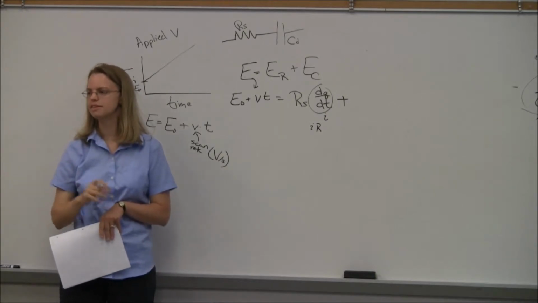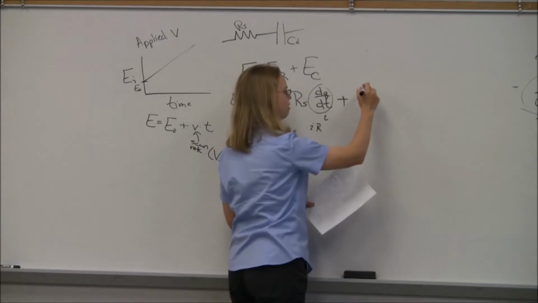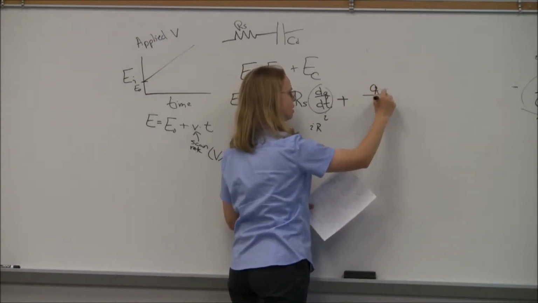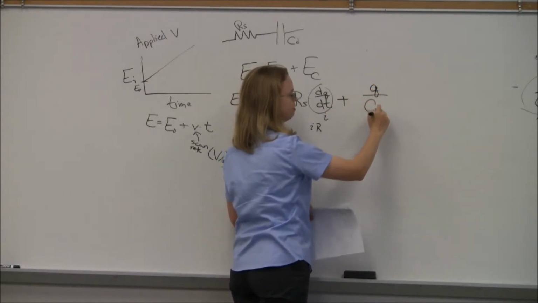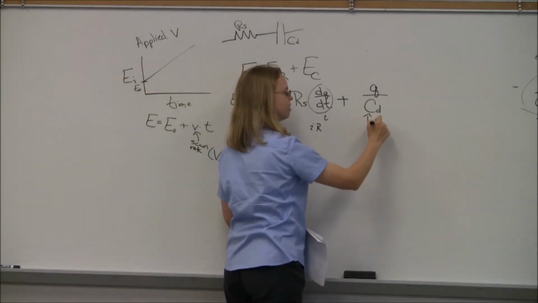But I'm going to write it as dq/dt, so we can solve it in a minute. And then the voltage drop over our capacitor, we've already defined. So that's charge over, again, this is big C.